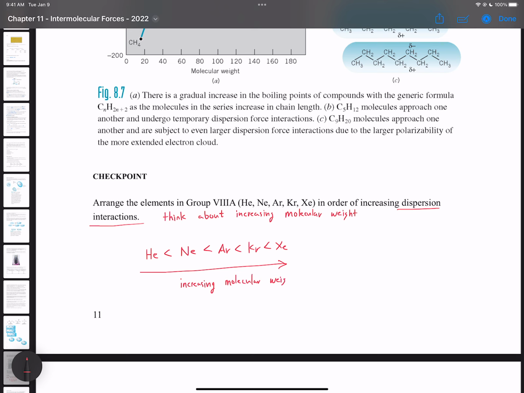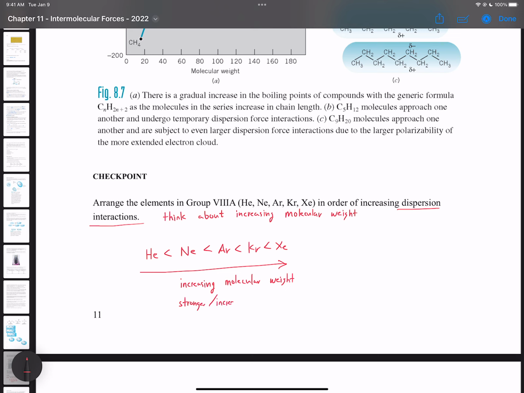And by definition here, the more polarizable you are, you're going to have stronger increased dispersion forces. Okay? So that's how we tackle that kind of problem here.